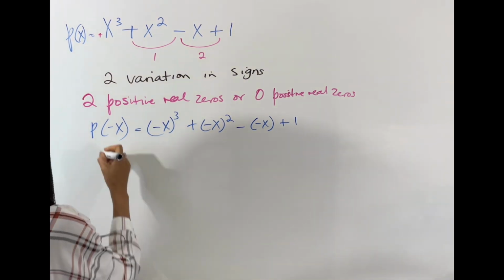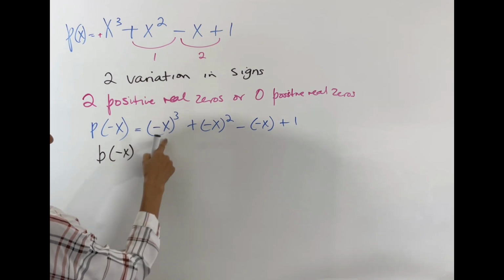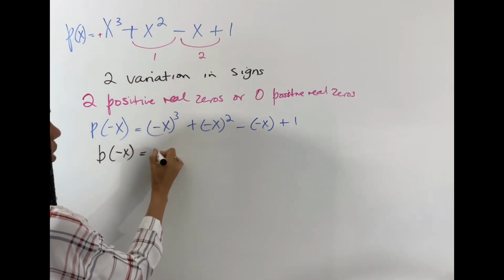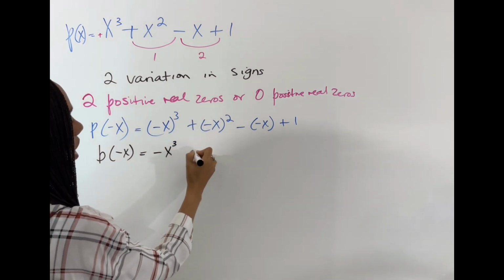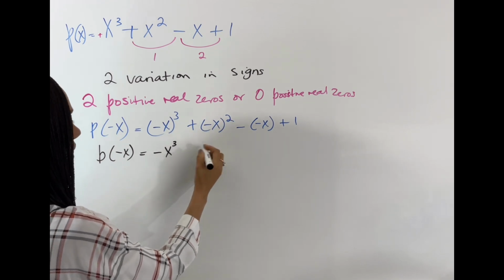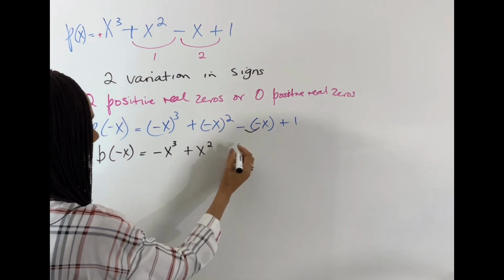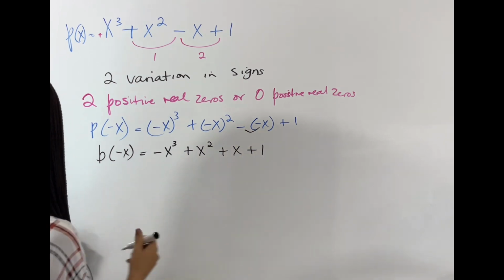So we notice here that when we have evaluated this, negative x to the third power will simply be negative x to the third power, and because negative x to the second power is going to be positive, this will be a positive x squared, and these two negatives side by side are going to be a positive, and also you have your positive 1.